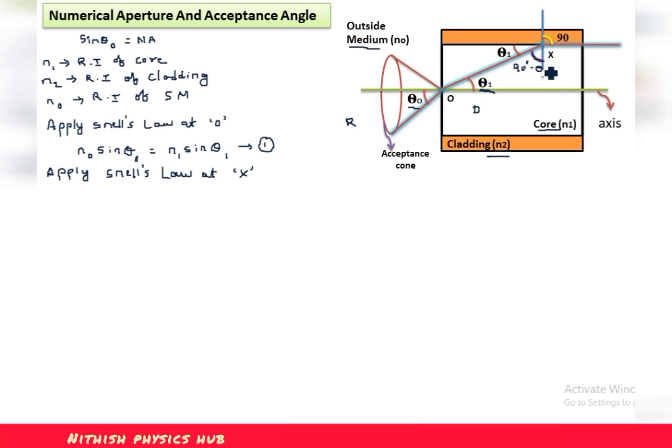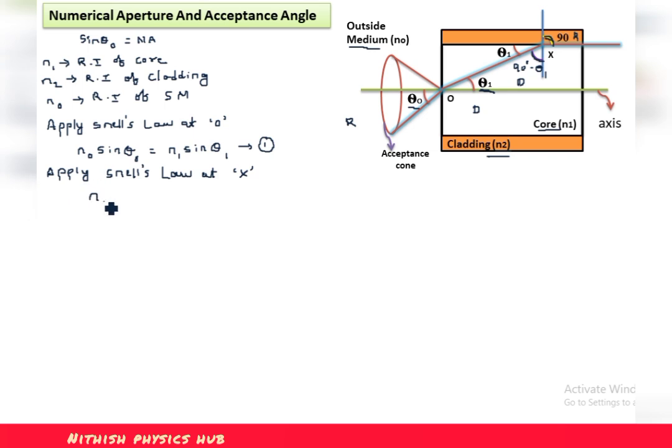So n1 sine of (90 minus theta 1) is equal to n2, the refractive index of the cladding, into sine of 90 degrees.